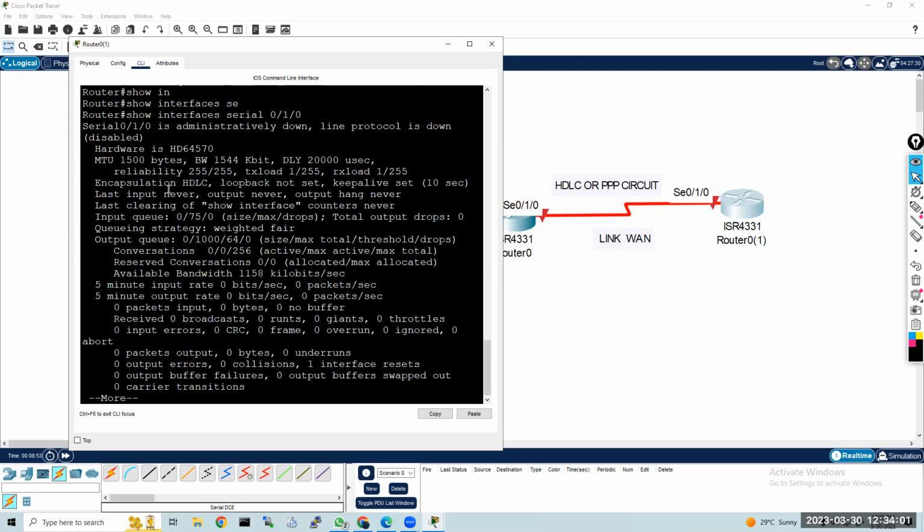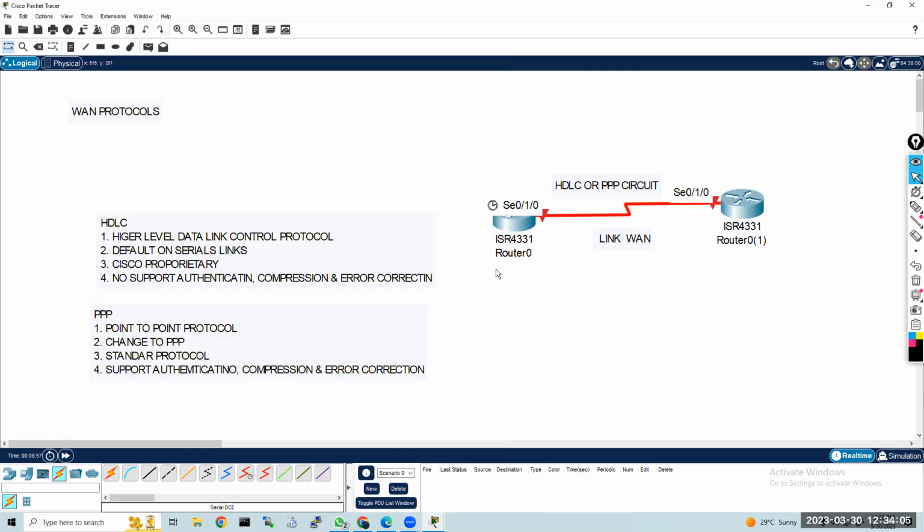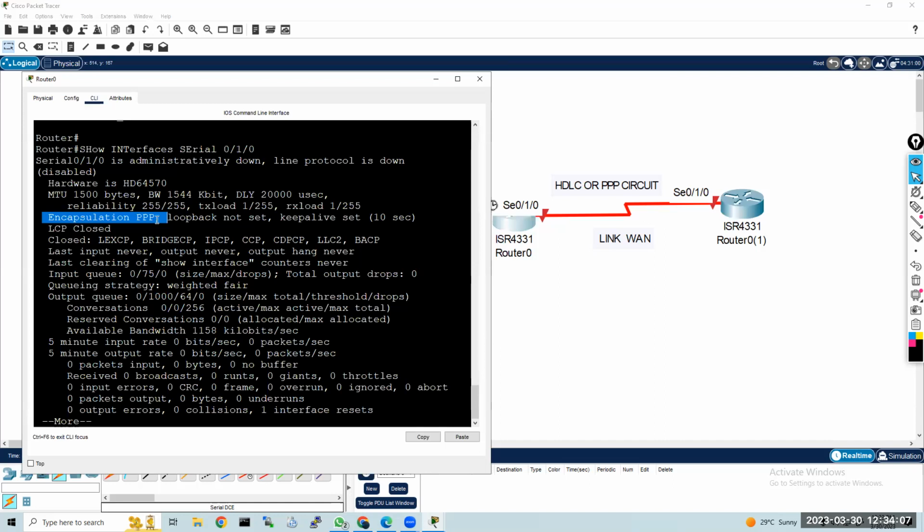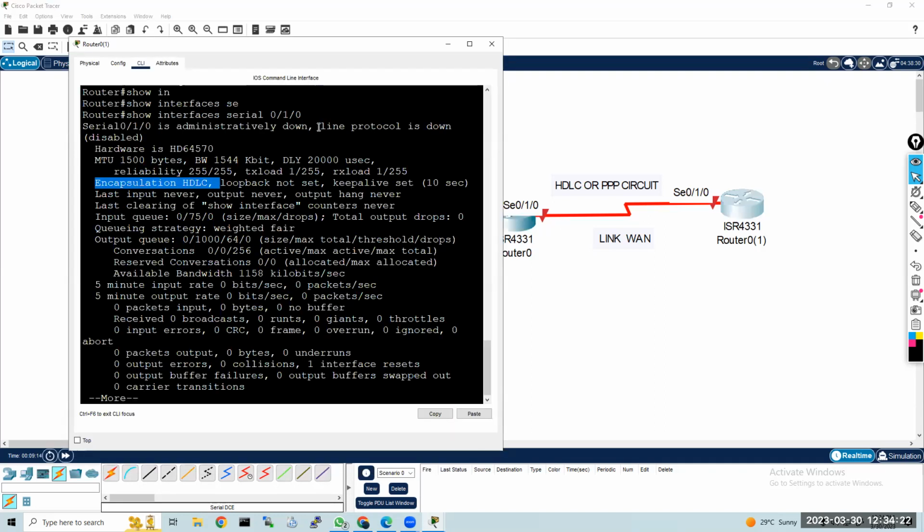So this one is HDLC and this one is your PPP. There also we can make it, no problem. Line protocol down. You can see the protocol is down, disabled. Now what about this one? This is also down, because once you give the IP address, it will come up. Okay, this is encapsulation HDLC.